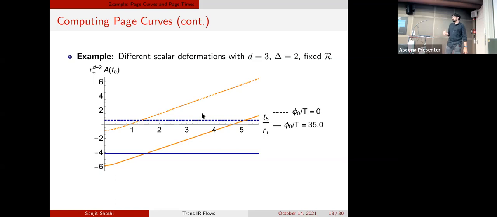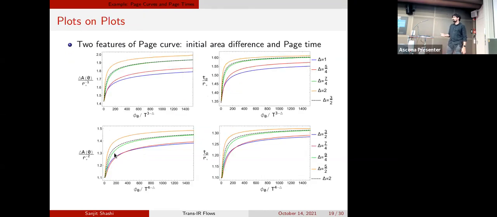But then for another choice of deformation, say 35 for my parameter, I get a different Page curve with a higher Page time and a larger initial gap. And I can do this for more parameters. And this monotonic behavior was something that we just saw in our numerics for various choices of D and delta. So we're going to just take this one-to-one monotonic increasing of the Page time as a feature here.